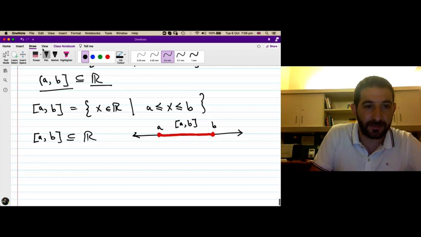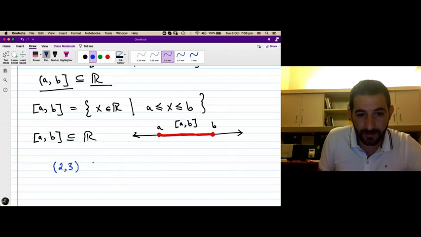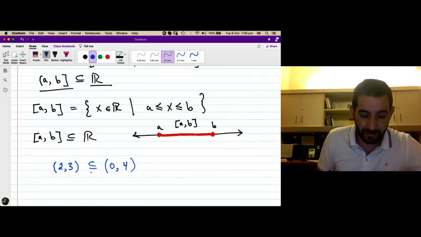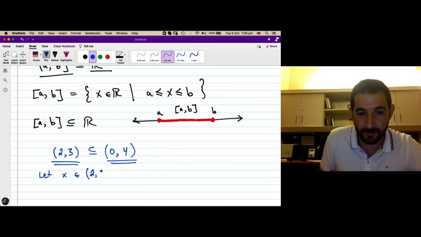For example, using this notation, check that the interval from 2 to 3 is a subset of the interval of real numbers from 0 to 4. Why? Because every element here is also an element here. Choose an element in this interval, let x belong to the left-hand side set.